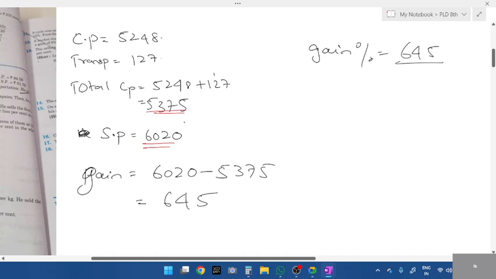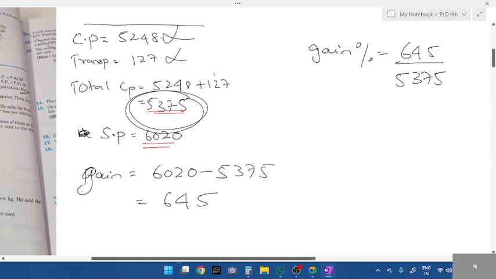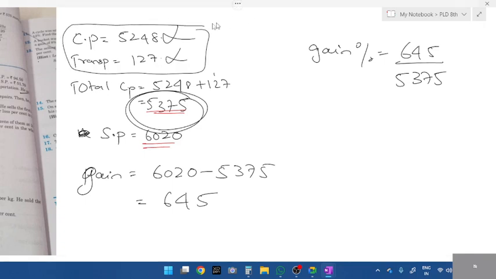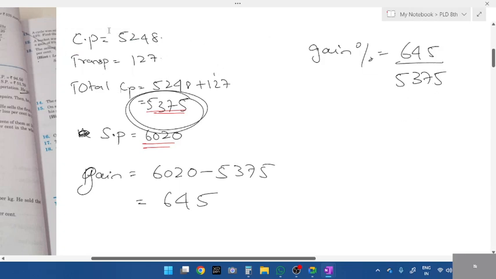And which cost price did you all take? Which cost price do you have to take? Total cost price. Yes. This 5,375 is what you should use, not the earlier 5,248. Into 100%.